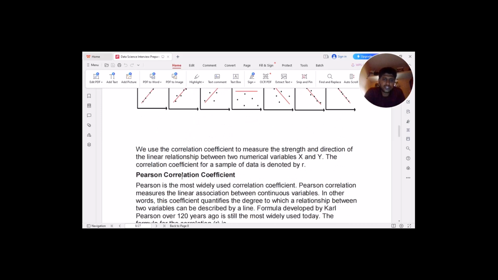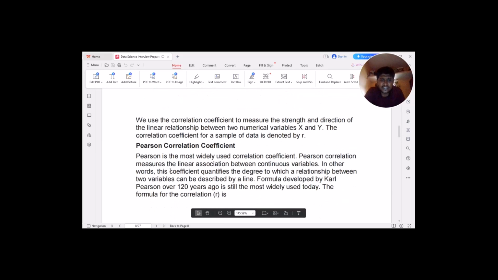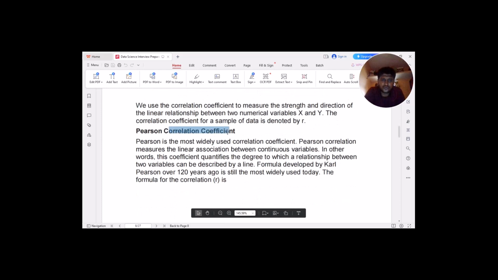So we use the correlation coefficient to measure the strength and direction of the linear relationship between two numerical variables x and y. The correlation coefficient for a sample of data is denoted by r. Then there is the Pearson correlation coefficient, which is the most widely used.